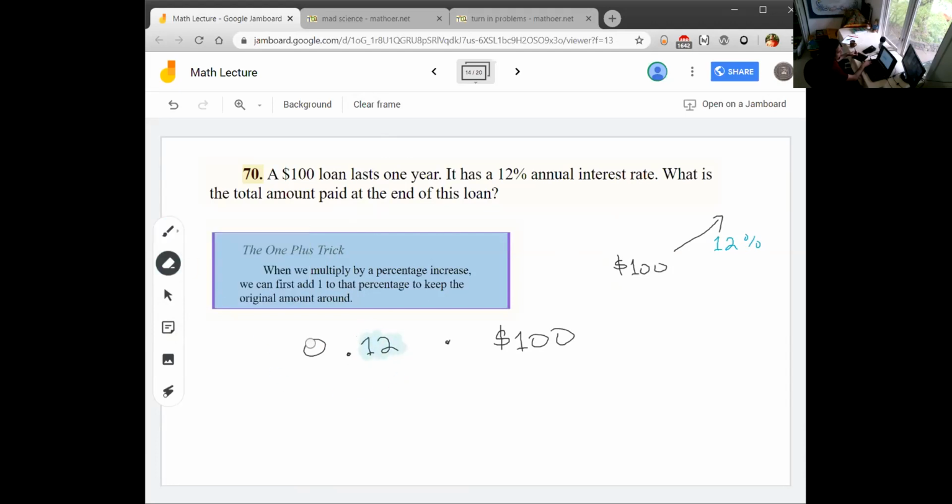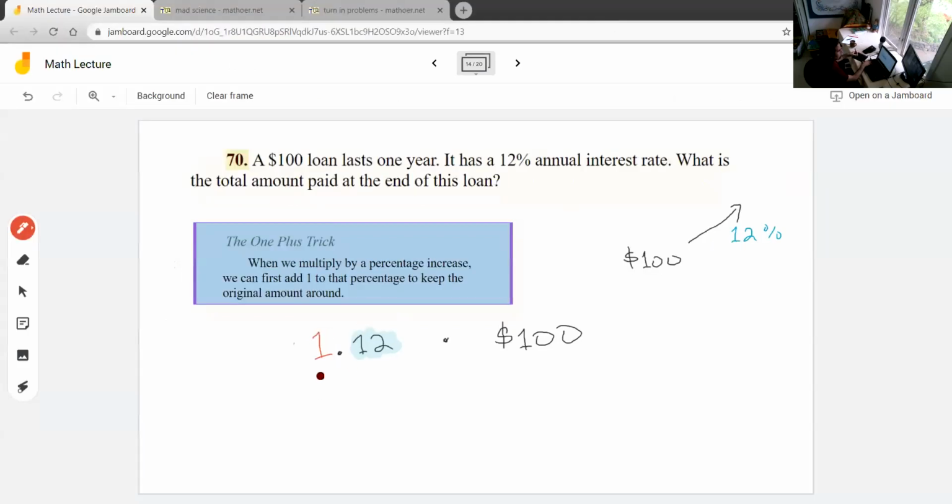We're instead going to say, let's multiply it by 1.12. And the 1.12 means that we're keeping around the 100, because anything times 1 stays the same. So we have 1.12.